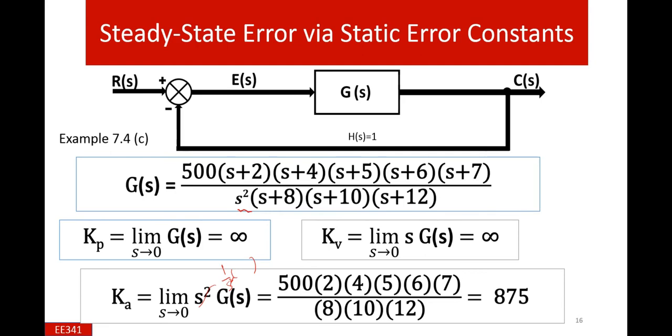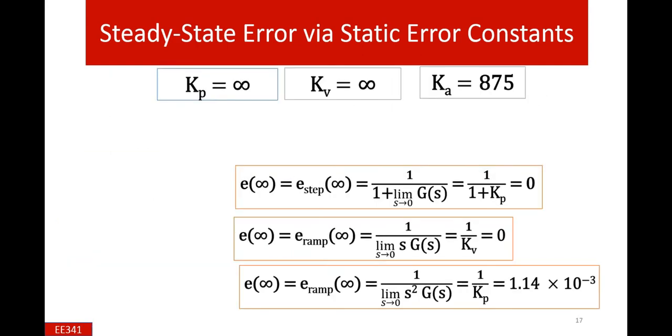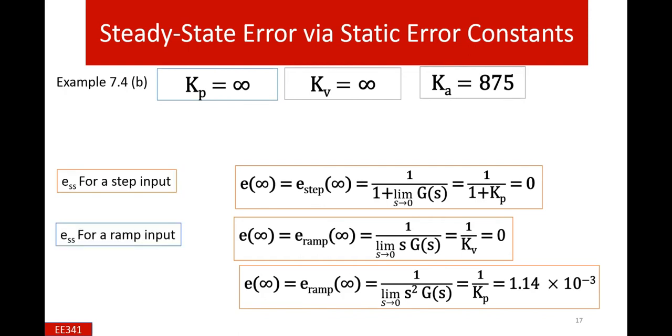So how do we find the corresponding steady state errors? For a type 2 system, if we want to find the steady state error by using the position constant, then 1 over 1 plus Kp is 1 over infinite, which makes the term equal to 0.